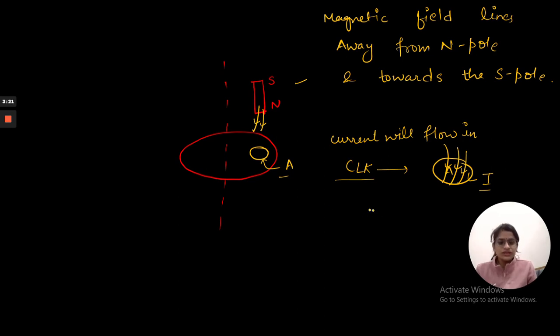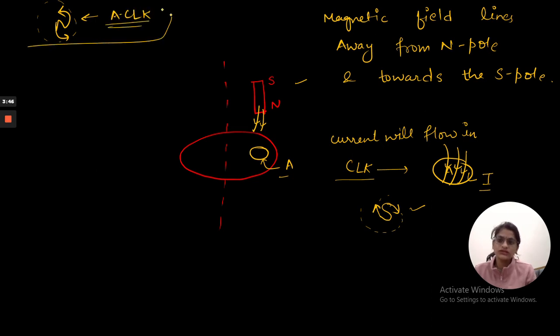Then we all know that for a south pole the current will flow in the clockwise direction. For extra knowledge, I am telling you that for the north pole, if the upper face is acting as a north pole, then the current will be in anti-clockwise direction.